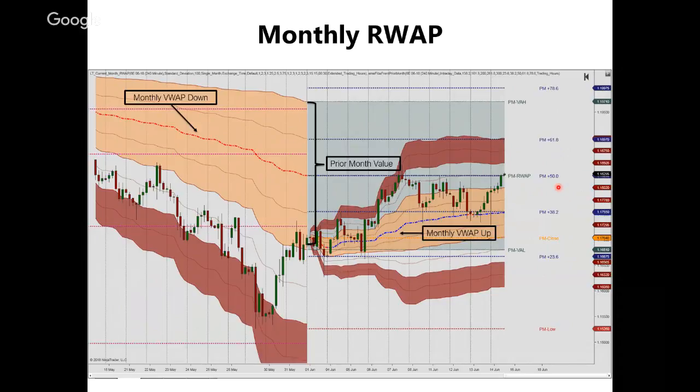So there's an interesting confluence here between the monthly range weighted average price of the prior month and the 50 retracement. You see there's been several attempts to break this, and we've had testing support at the beginning of the session at the prior month value area low.